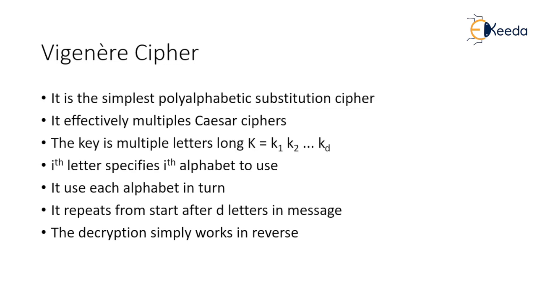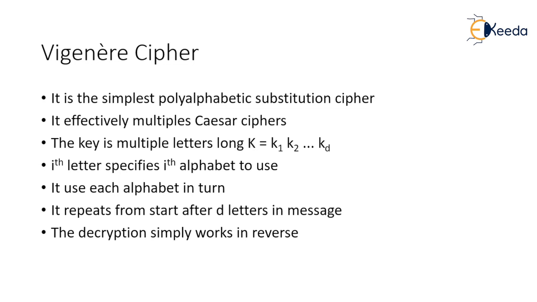As I told you, we have to make the length of the key the same as the length of the message, and for that reason we repeat from the start of the key when its end is reached.